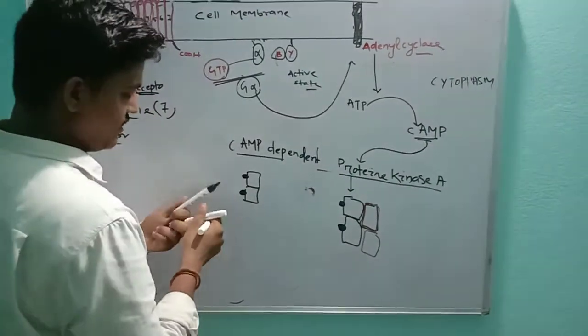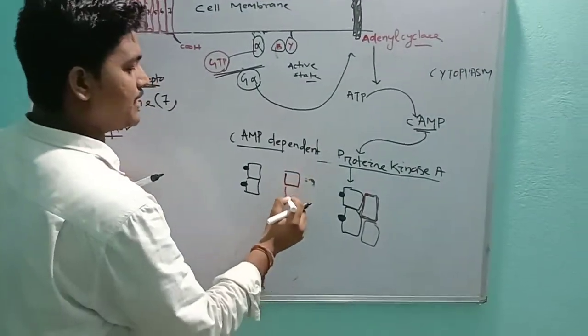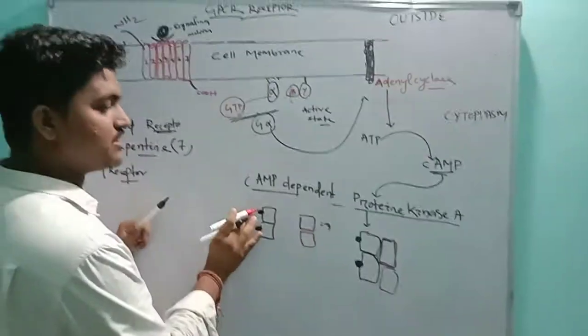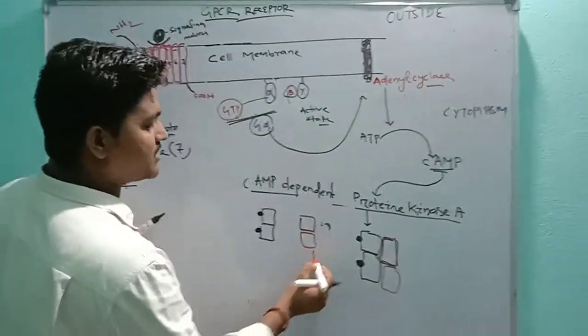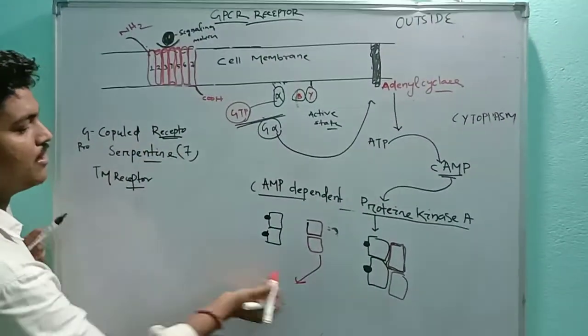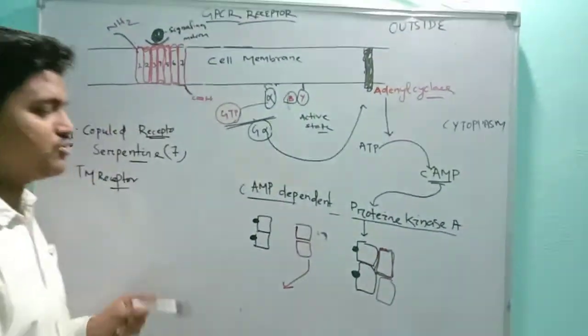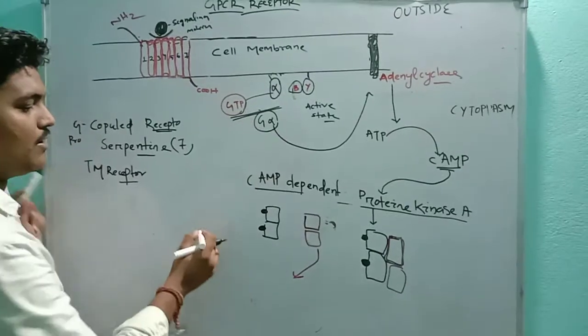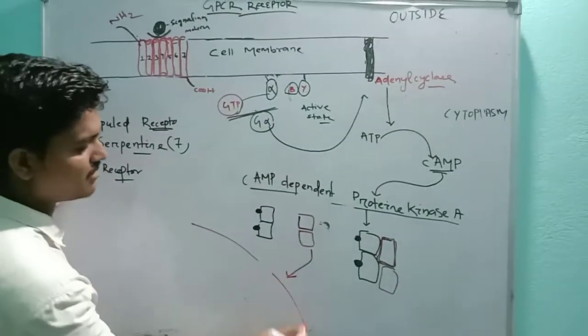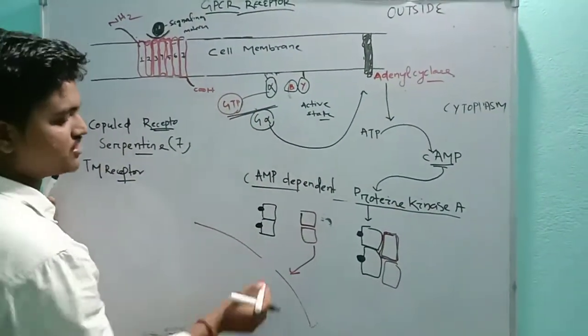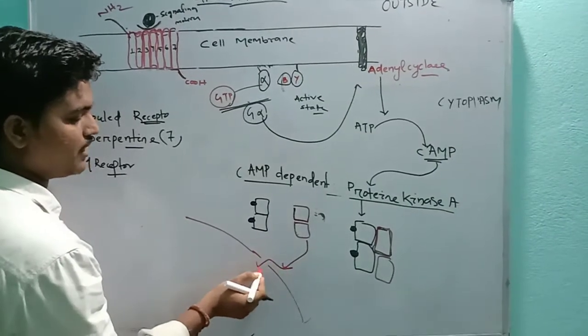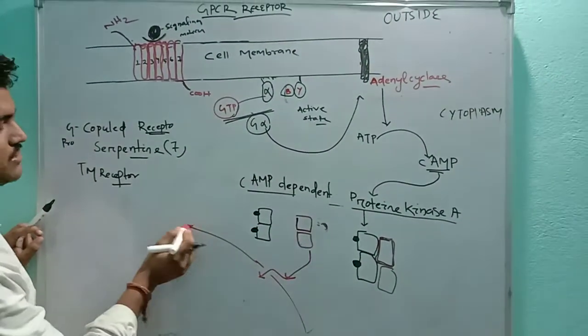I am drawing the catalytic part in a different color. This is the catalytic part, this is the regulatory part. Now this catalytic part either causes phosphorylation of some protein, or according to the signaling molecule response, it will enter into the nucleus.